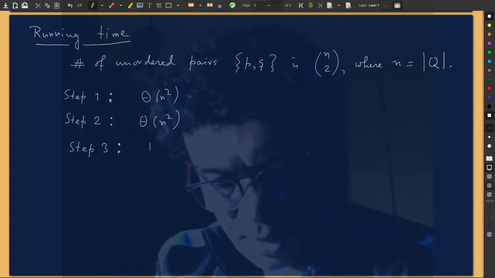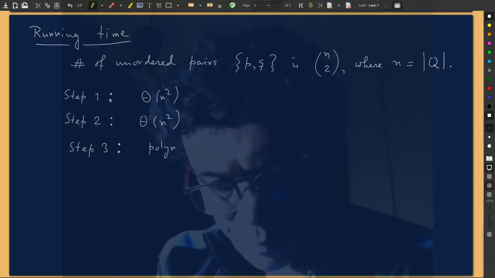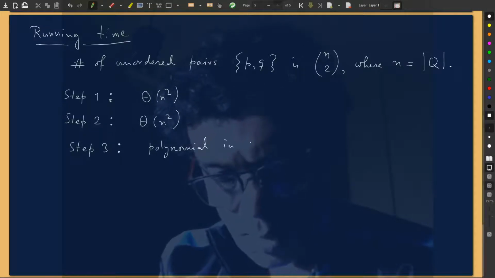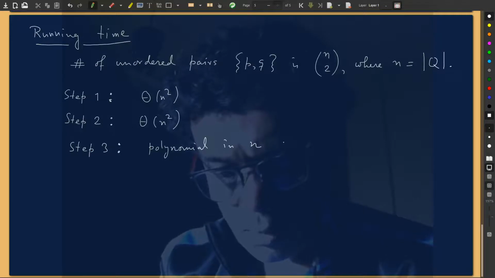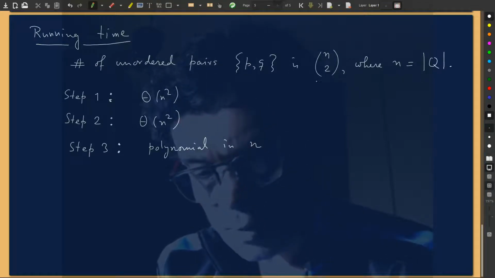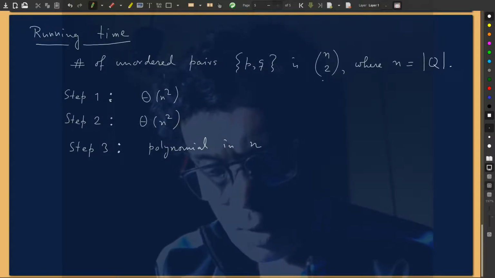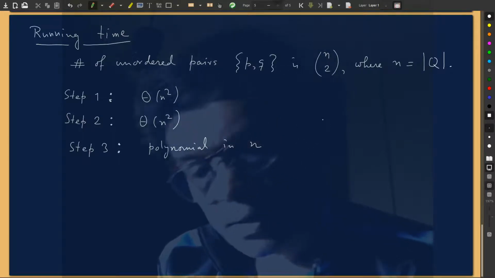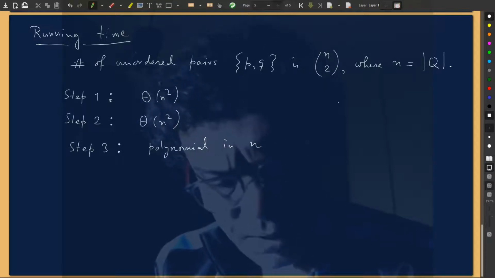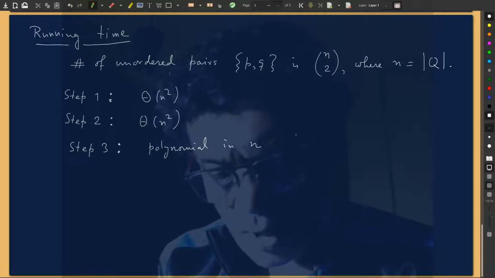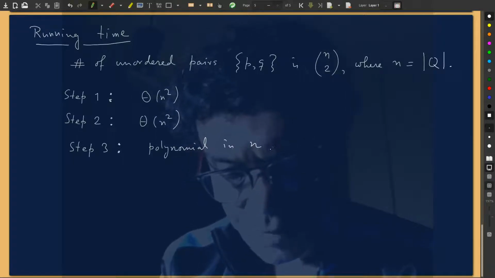Okay, so this is again polynomial in n, and not a very high degree polynomial, because this is the number of unordered pairs p comma q. Okay, so in fact you can see that if you build a list of unordered pairs and one by one you try to do this, anyway, whatever, n square, n cube, something like that, it's not too inefficient.